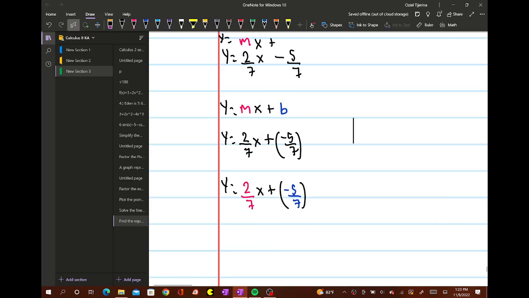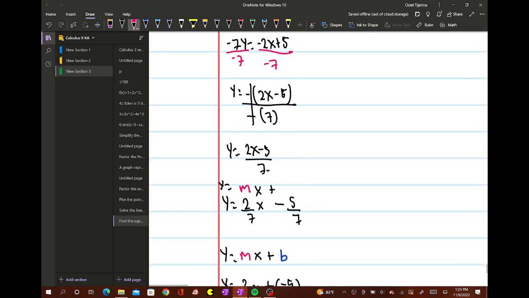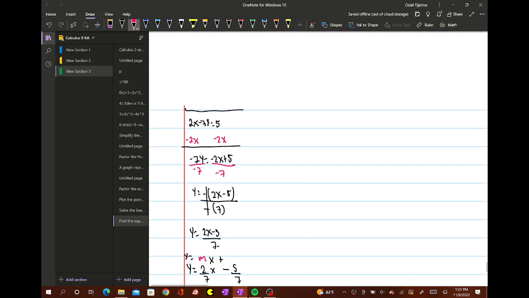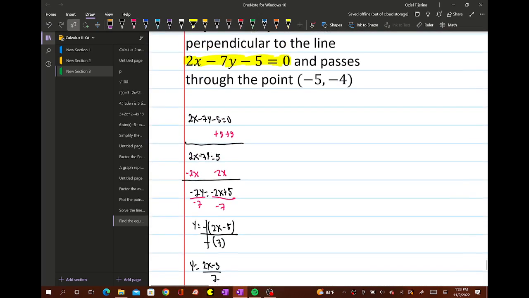Obviously the slope is 2/7, right? Now, we want a line that is perpendicular to that.